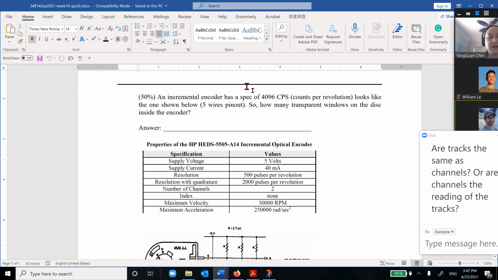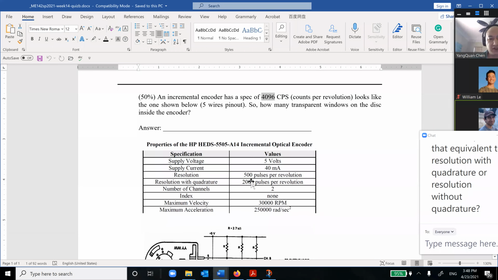Then we want to understand how many transparent windows are physically on the disk inside the encoder. What should you do? You should divide this one by 4, right? I didn't say this is the same, but I just say that you have counts per revolution, CPR.